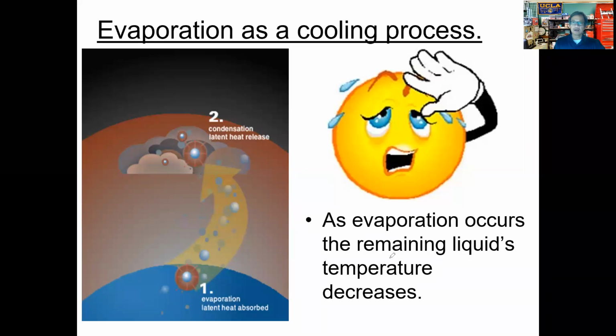So as evaporation occurs, the remaining liquid's temperature decreases. And so what happens is it starts to absorb more heat energy, and as it absorbs more heat energy from the environment, it cools down the environment.